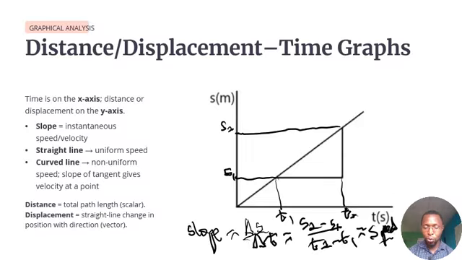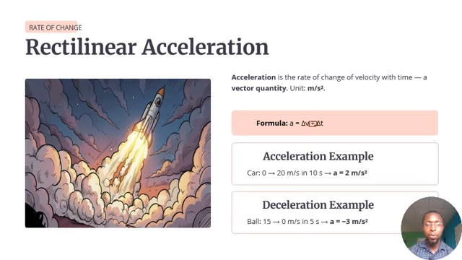All right. So let's move on to the third term in motion, that is called acceleration. Acceleration is the time rate of change of velocity. You don't need to say "with time" anymore, but if you want to involve time at the end, you can say it's the rate of change of velocity with time.